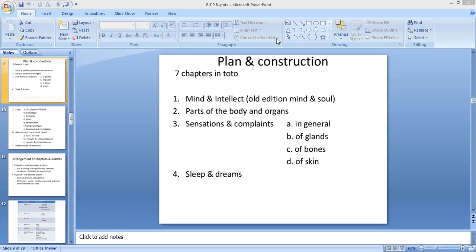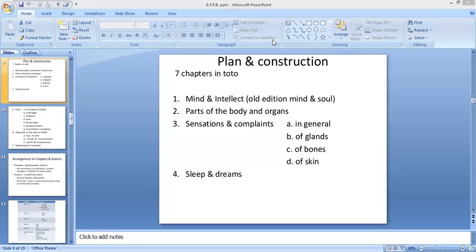The abdomen chapter has seven subchapters, that is internal abdomen, external abdomen, abdomen sides, hypochondria sides, abdominal rings, flatulency, stool.